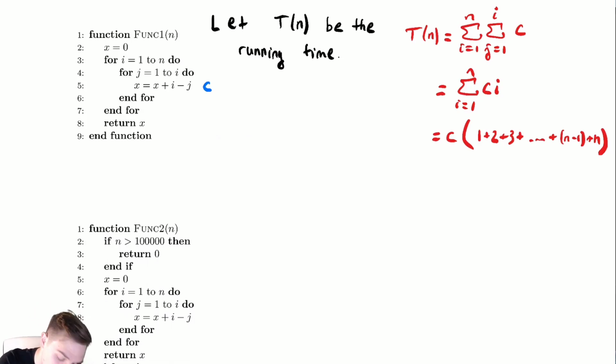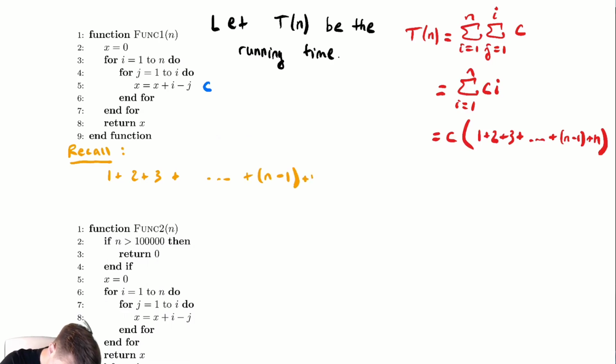So I'm going to go off to the side here to do a little recall. We have 1 plus 2 plus 3 plus up till n minus 1 plus n. I'm going to rewrite that summation again, but in the exact opposite order. So I'm going to have n plus n minus 1 plus n minus 2 plus all the way down till we get to 2 till we get to 1.